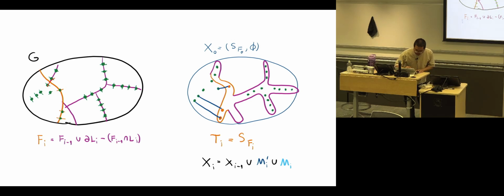So we add edges along the cut, right? And whatever separator edge is inside our min cut, just remove it.